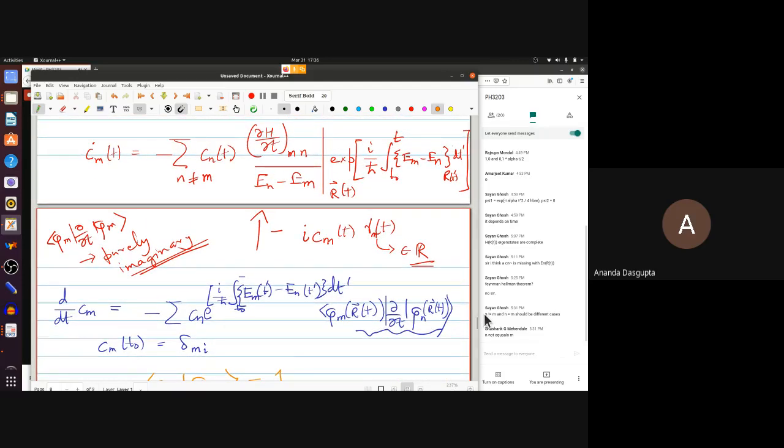So now, the important question at this stage is, what are the approximations that we made in deriving this differential equation for Cm t? We started from the Schrodinger equation. And in getting to this equation, what kind of approximations have we made so far?